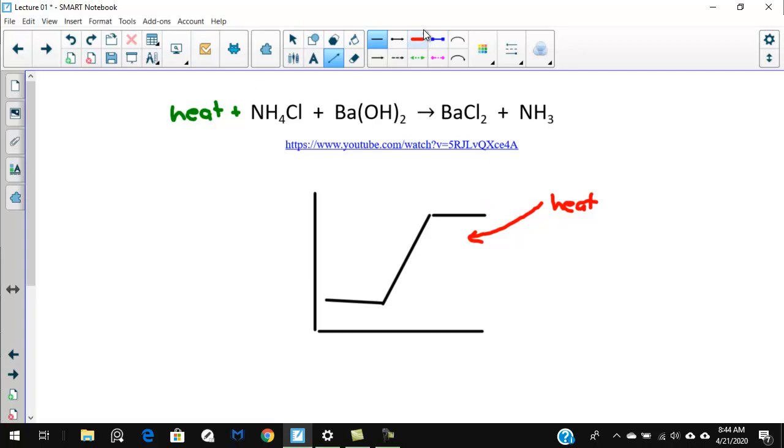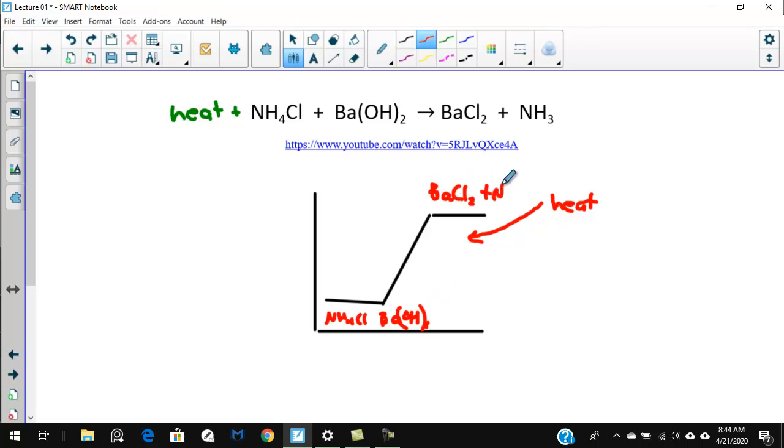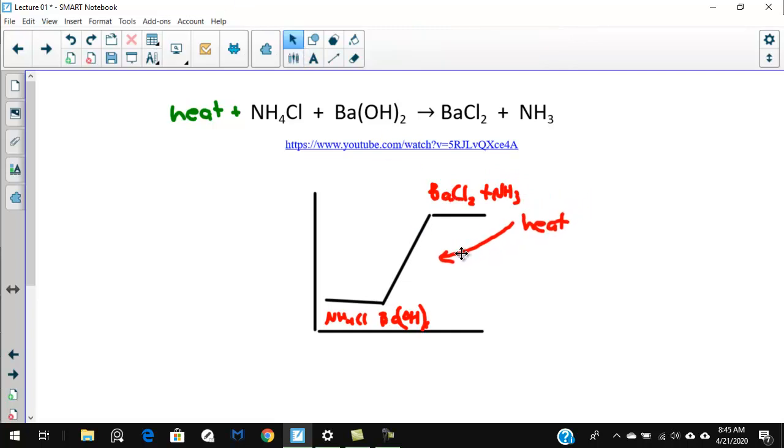Okay? And so we've got the opposite of what we were just looking at. So the NH4Cl goes here, the Ba(OH)2 goes here, the BaCl2 goes up here, and the NH3 goes here. And then because heat was absorbed into this system, the products have more energy than the reactants originally did.